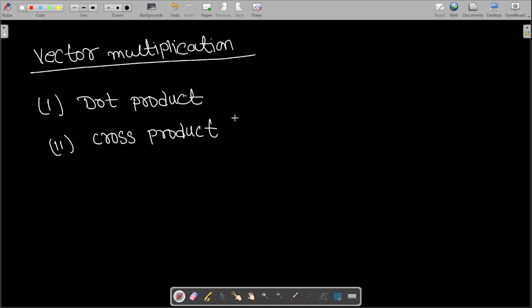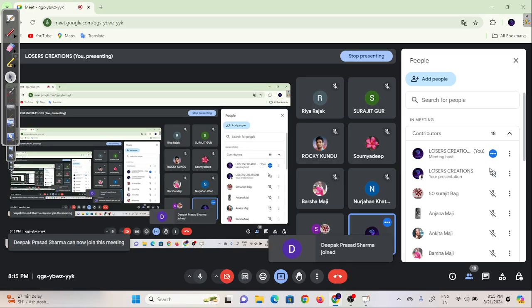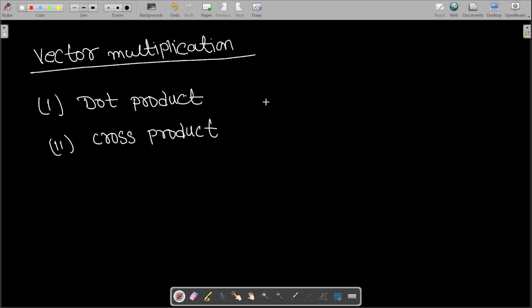This is nothing but a mathematical tool by which we multiply vectors. So there are mainly two types: dot product and cross product. The dot product is also known as the scalar product.